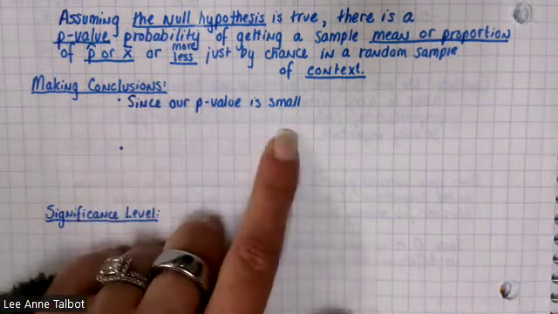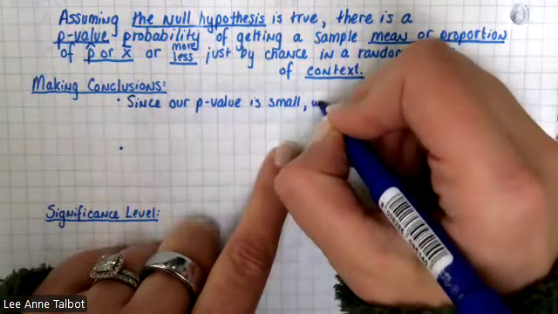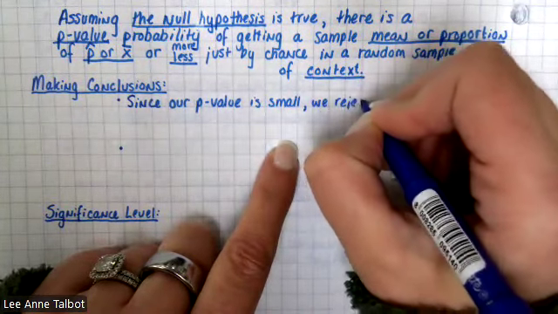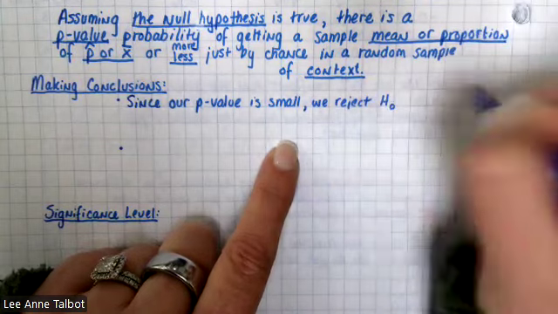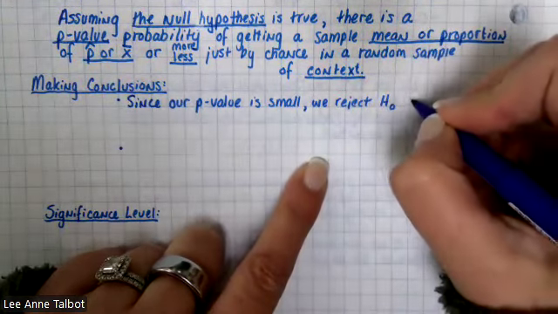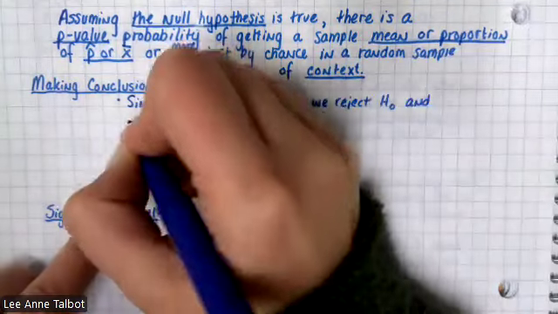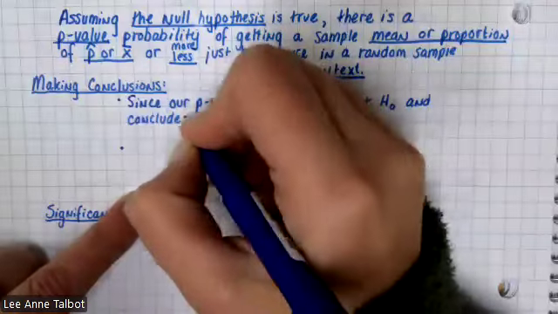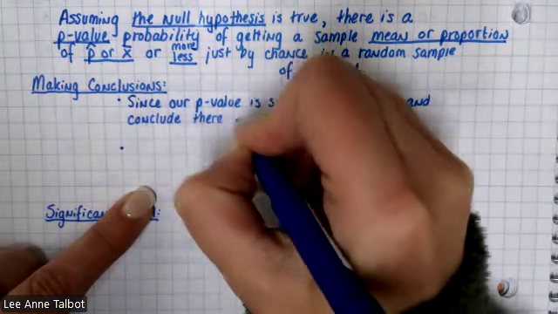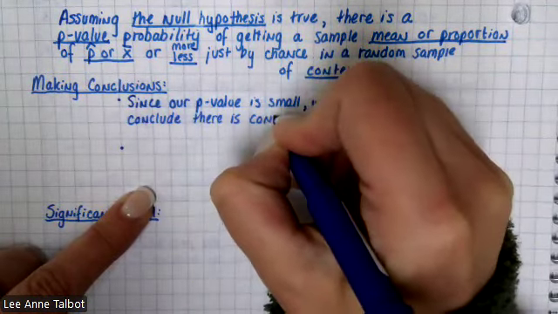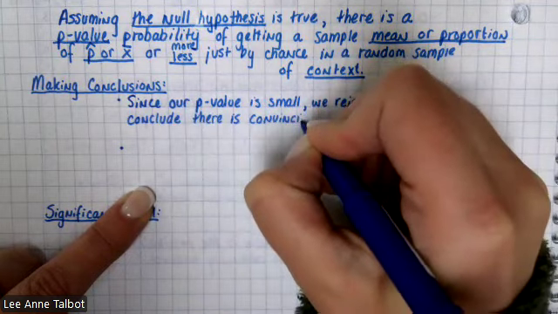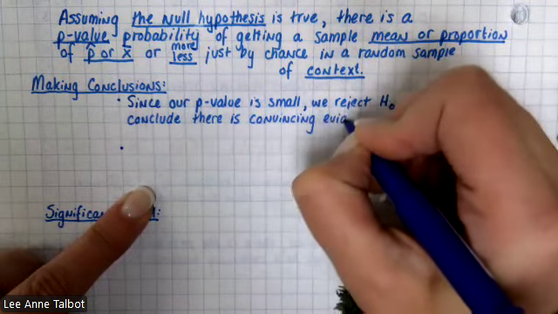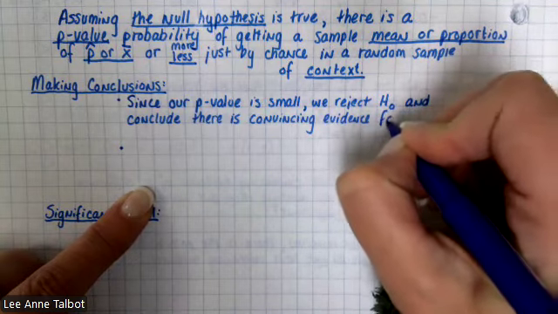Okay, since our p-value is small, we reject the H0 and conclude there is convincing evidence for Ha.